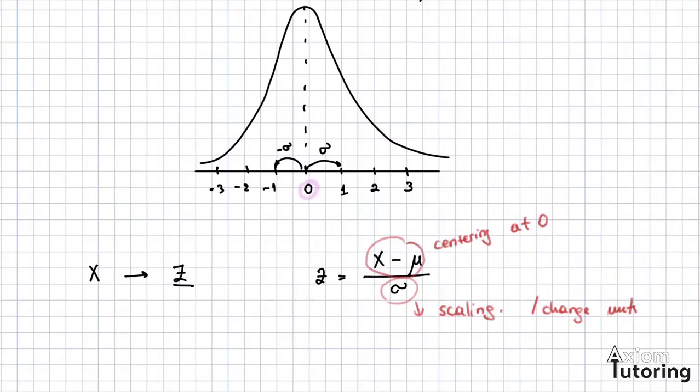Test statistics are compared to the standard normal. Probabilities are all read from one single table and not multiple different tables. Okay? So all normal distributions are the same up to shifting and scaling. The standard normal is just the common language we use to compare them.